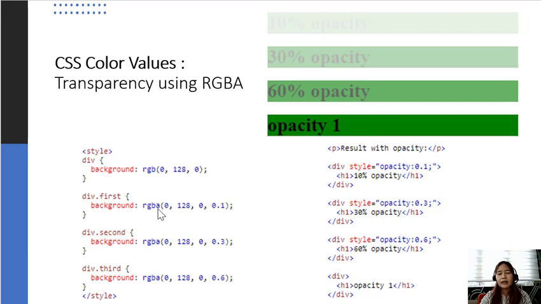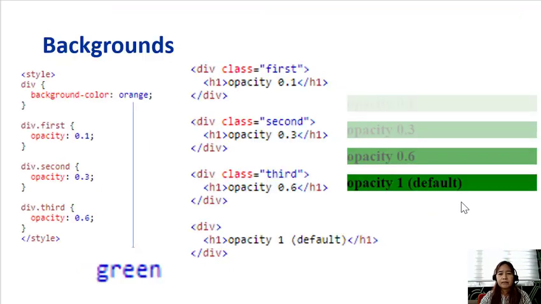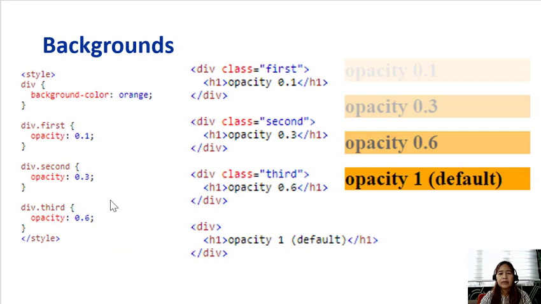Just add the letter A to RGB, and then you will have the fourth parameter, which is where you indicate the opacity of the color. So in this case, it's 10%, 30%, 60% in decimal form, and that will give you the opacity at 10, 30, and 60% respectively. So that's how different it is to use RGBA compared to the opacity attribute that we used in the previous example.